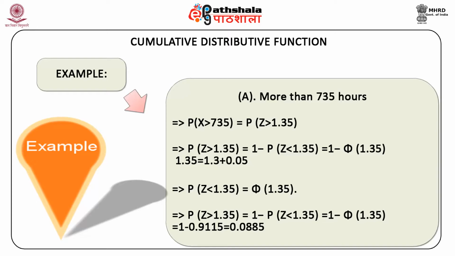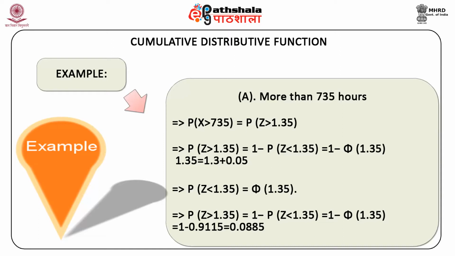Since the standard normal variable table is in the CDF form, which directly gives probability of z less than or equal to 1.35, therefore, to compute, we proceed as follows. The probability that z is greater than 1.35 is equal to 1 minus the probability of z being less than 1.35, which is equal to 1 minus phi in brackets 1.35.